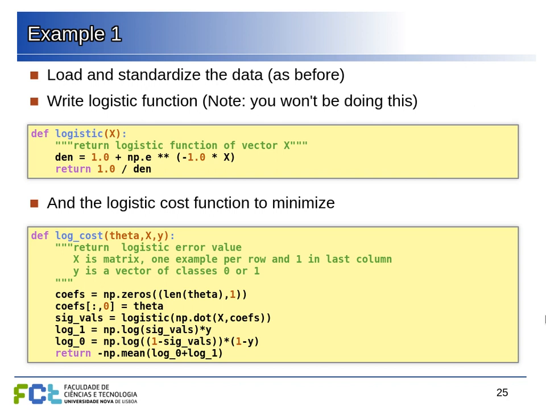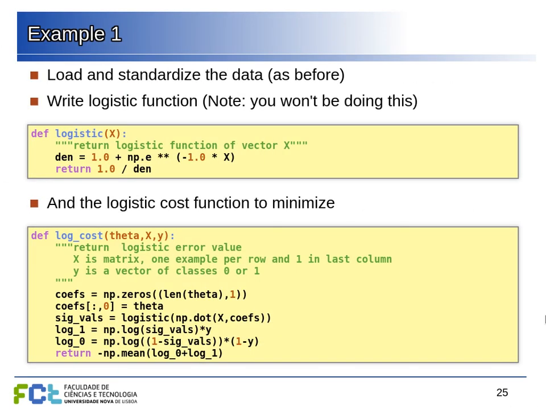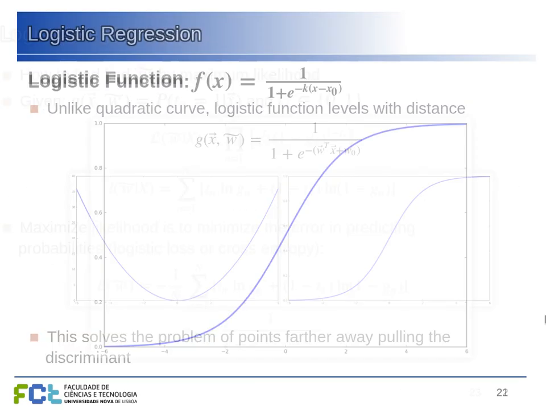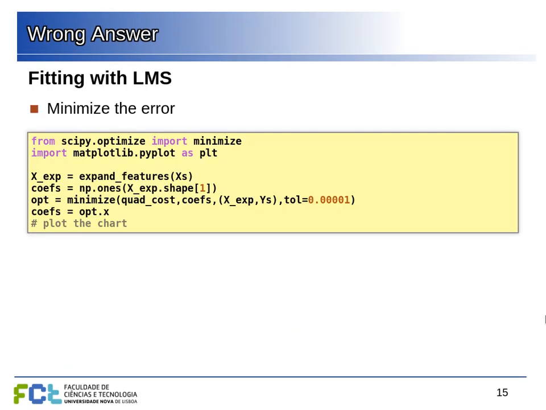So these 3 lines are basically doing this computation here. And this would be the cost function. We want to minimize that logistic loss, or the cross entropy in this case. And now I'm omitting the code, but basically it's the same thing that we did here, which is to use the optimizer and do the minimization and get the parameters.